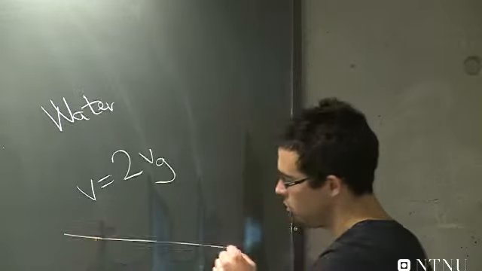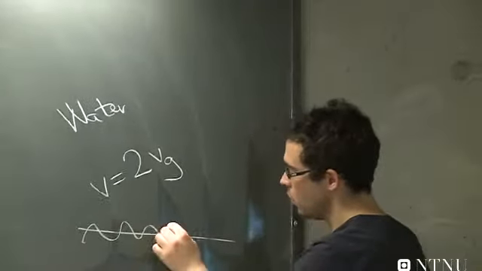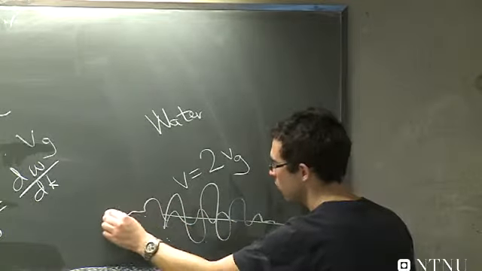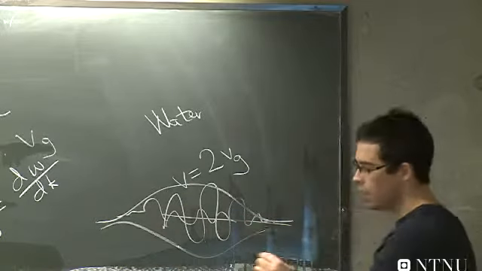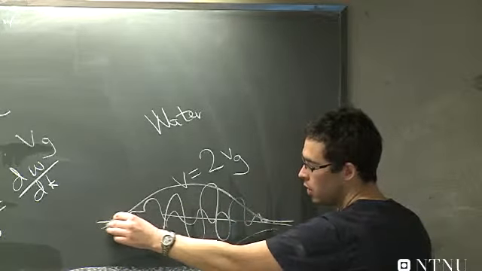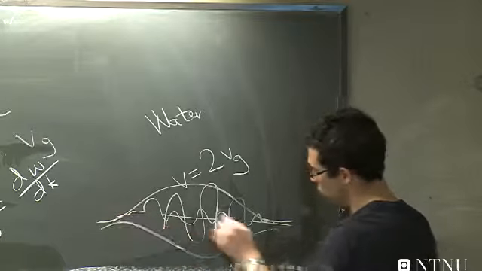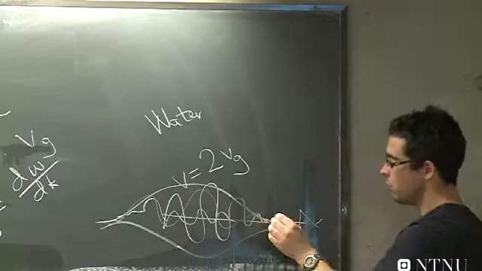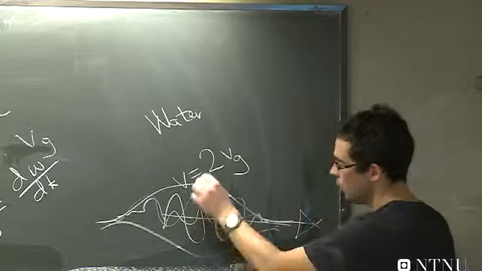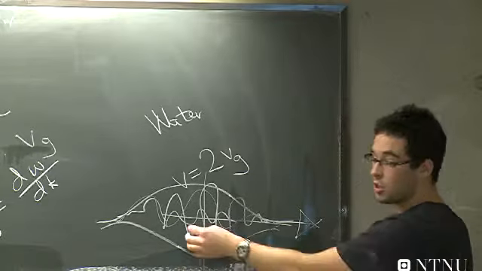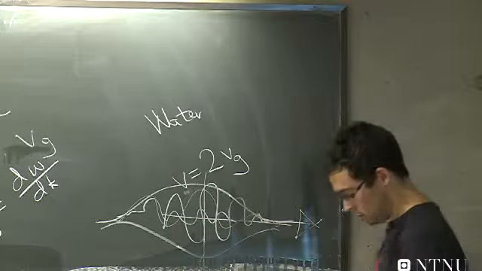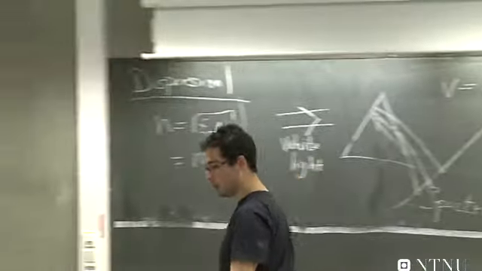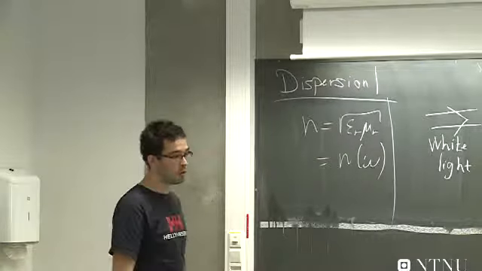So if you have a train of water waves, like this, then actually waves are going to appear at the end of the packet, traveling in this direction. Waves are going to appear here and then move forward toward the front of the packet and then disappear, while the center of the envelope function is moving at only half the speed. So let's see what this means in terms of electromagnetic waves.